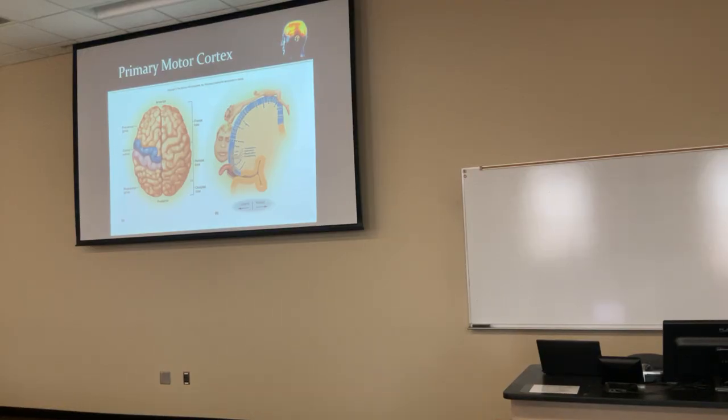Also, notice that the hand is a lot larger in proportion to like the trunk or the rest of the arm or the legs. And that's because you have a lot of sensory receptors in your fingertips, in your hands.